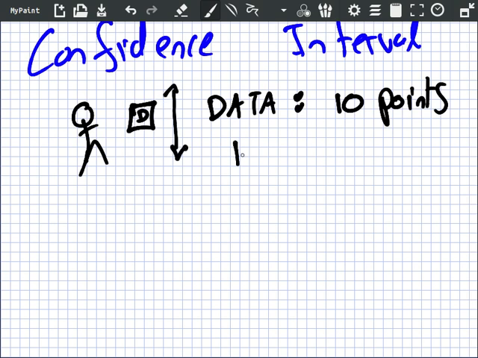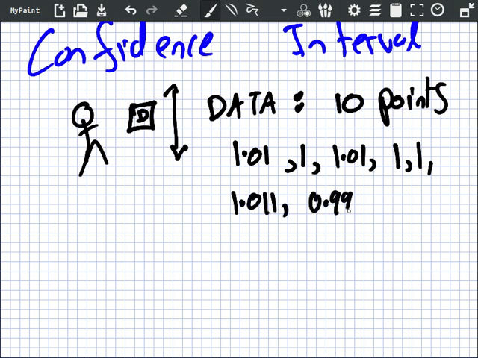So maybe you measure 1.01, 1, 1.01, 1, 1, 1.011, 0.999, 1, and so on, up to 10 points.